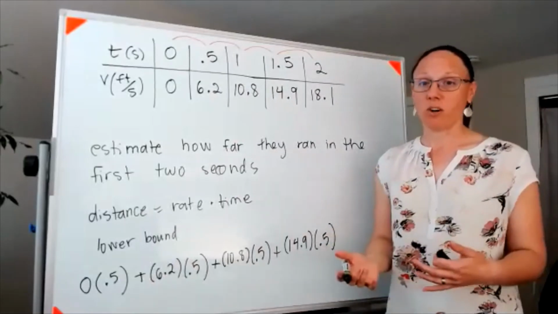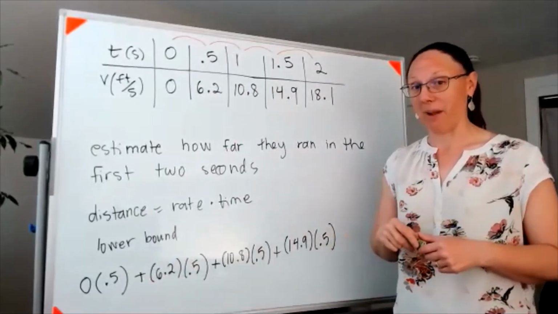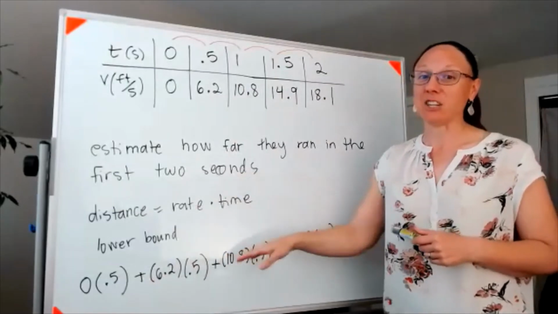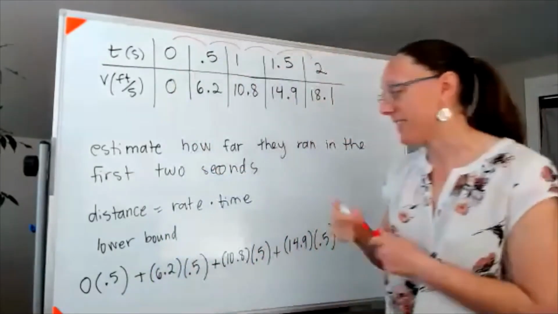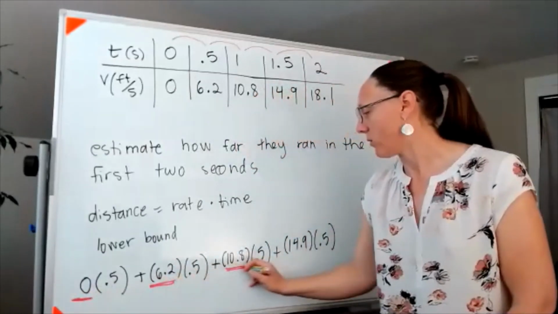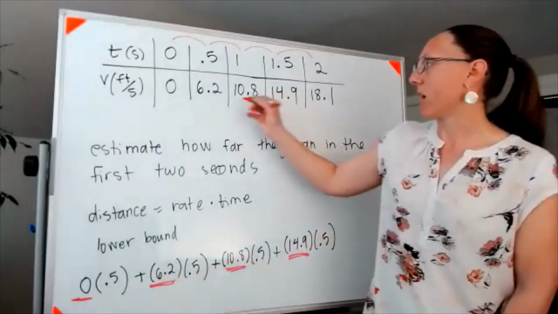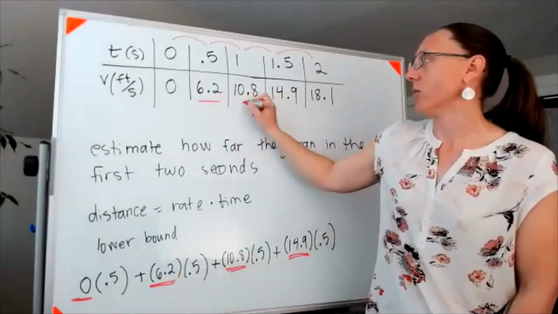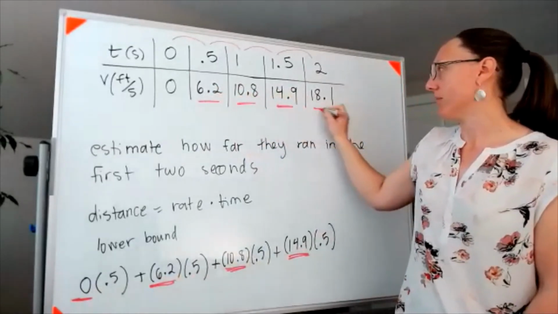Now we could do this all over again, assuming an upper bound. For each of those velocities or rates, we would swap each of these out for the larger value in each time interval.